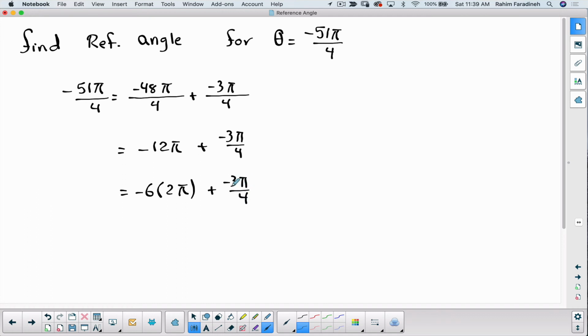Now every 2 pi, it's one time going around the circle. So our original angle of negative 51 pi over 4 is a result of going around the circle 6 times clockwise and then continuing negative 3 pi over 4.